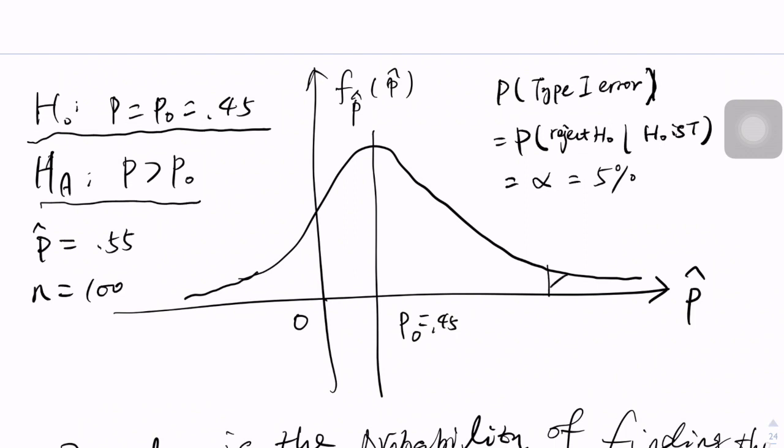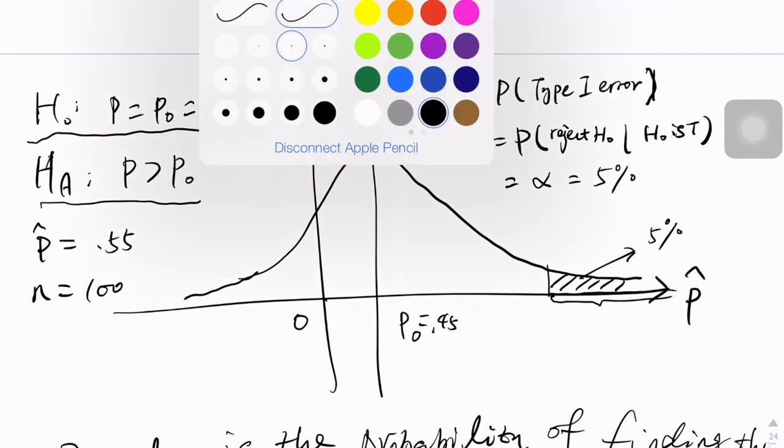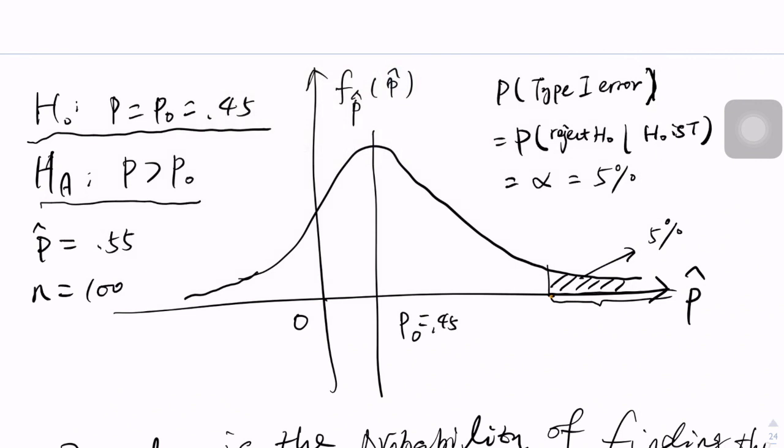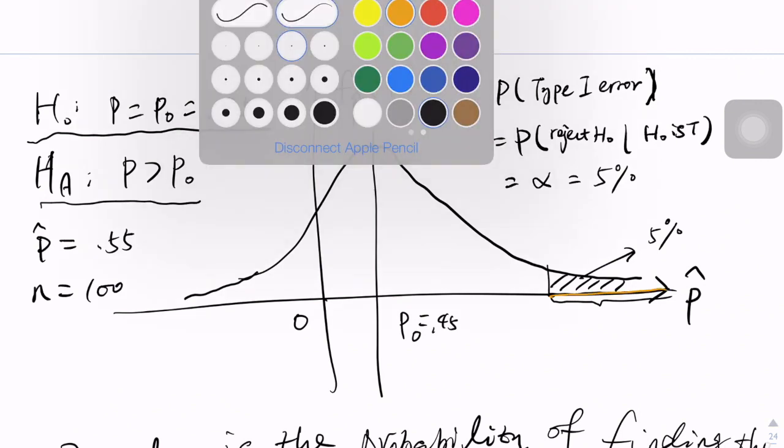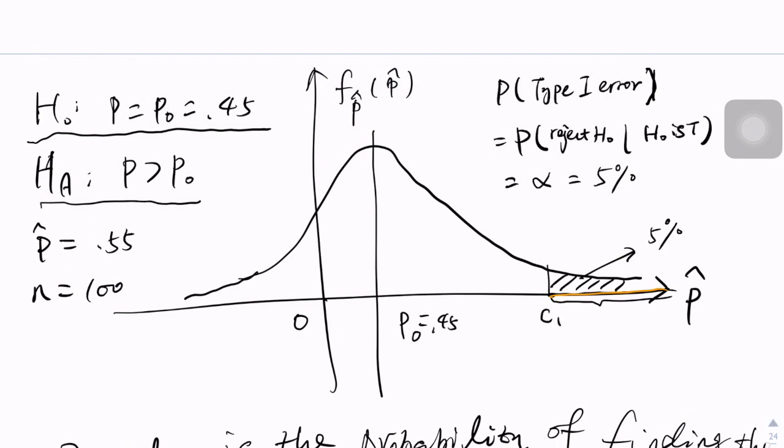Let's say this is the corresponding probability, which is equal to 5%. This interval is our rejection region. I'm going to use orange to represent the rejection region, and this is my critical value decided by the value of alpha.